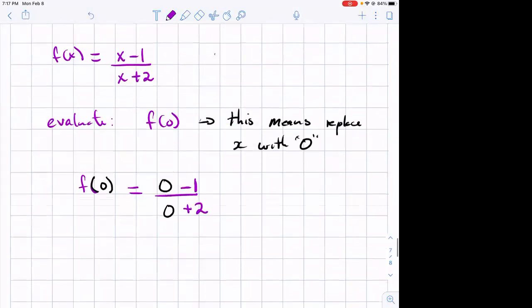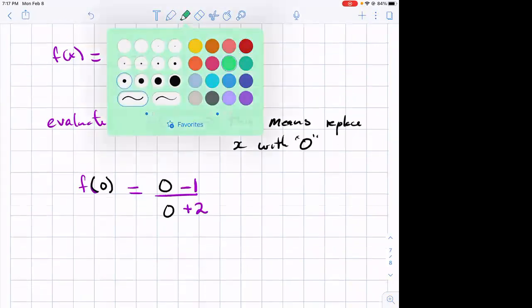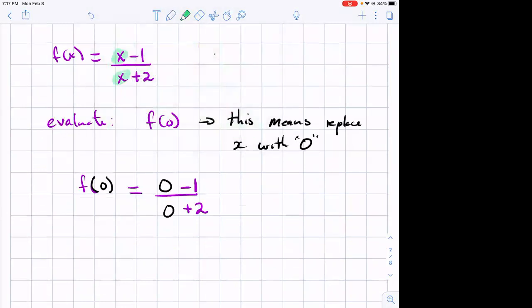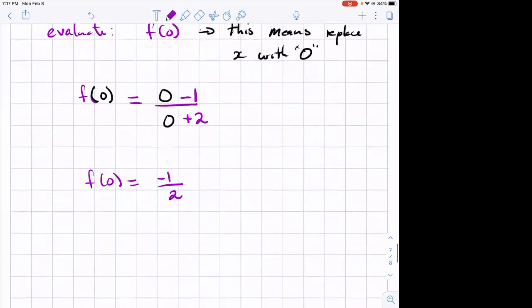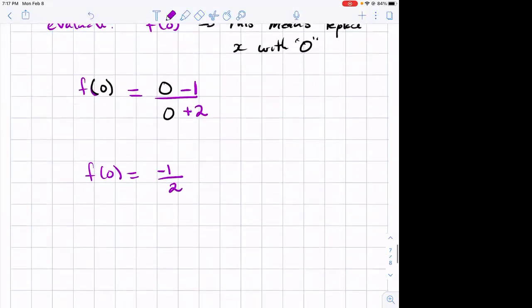So wherever I see x, I replace it with 0, okay? And evaluating this, f of 0 is equal to minus 1 over 2, okay? So evaluating is just plugging in some sort of a number in place of that letter, okay? That's all we're doing.